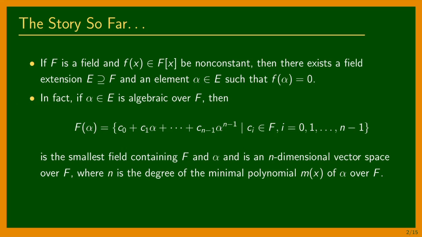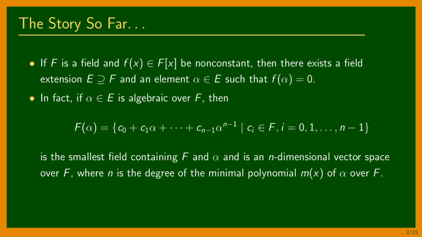Anyway, if alpha is an algebraic element of E over F, then we know that the smallest extension field of F with alpha contained in it is denoted by F adjoin alpha.